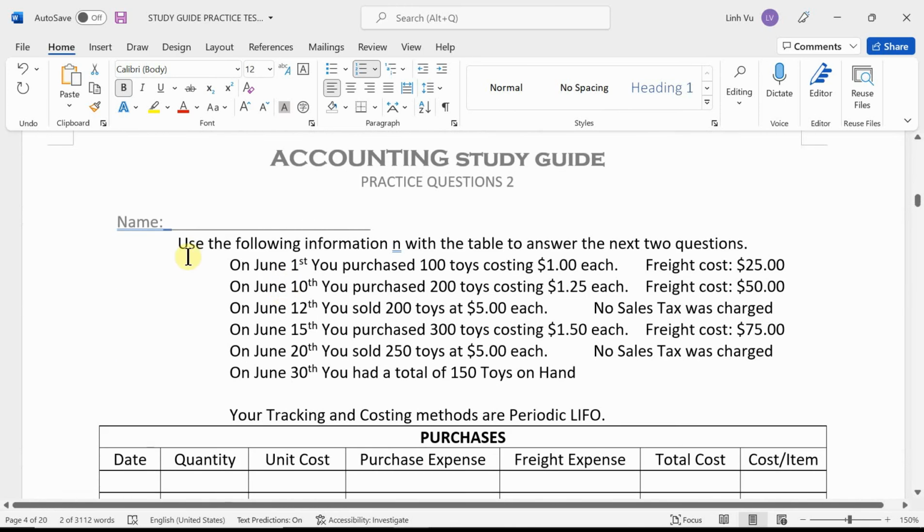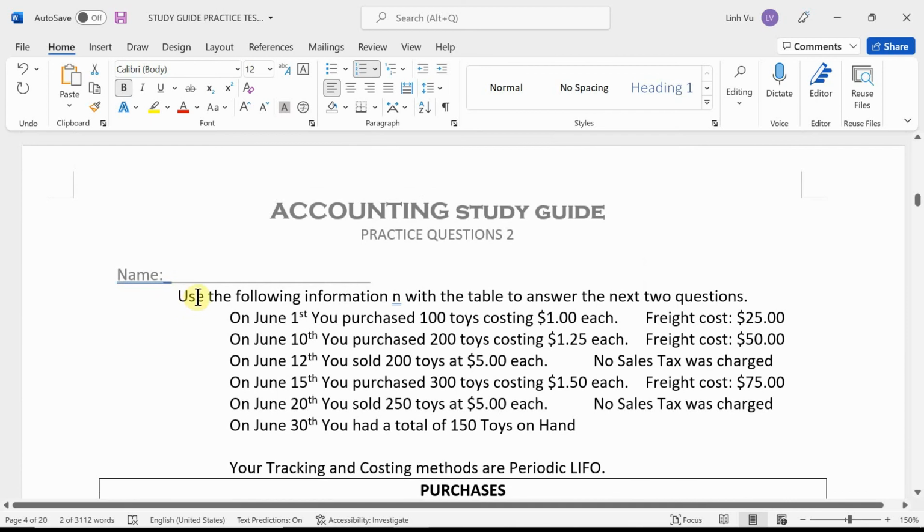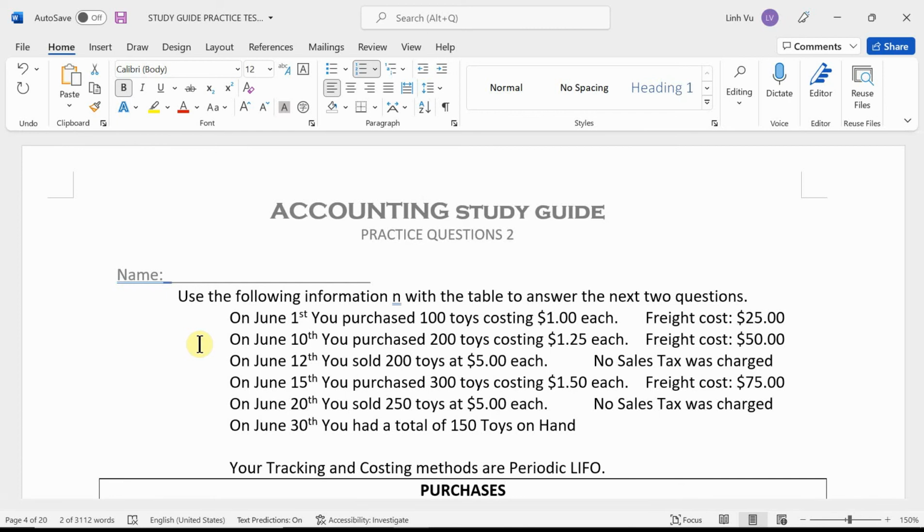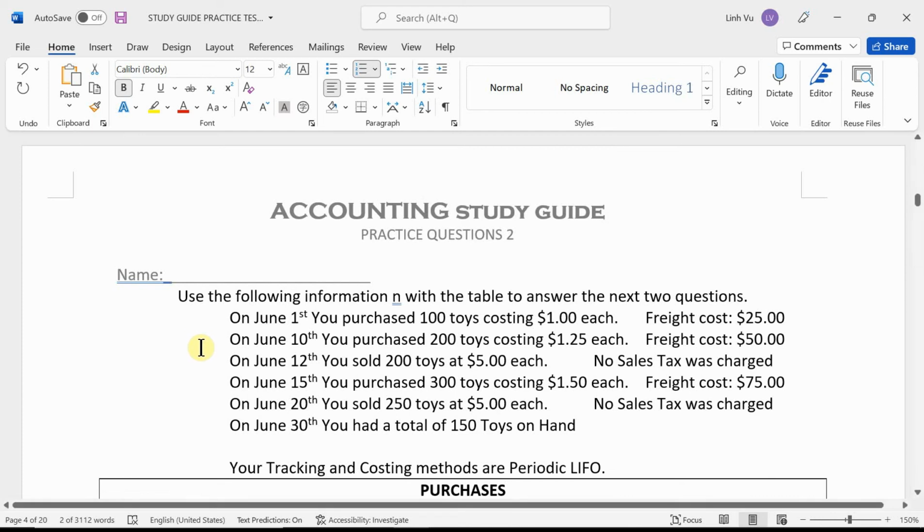All right, now let's dive into an example. Use the following information with the table to answer the next 2 questions. Here's your scenario: on June 1st you purchase 100 toys.